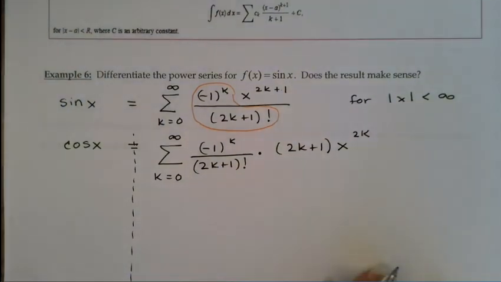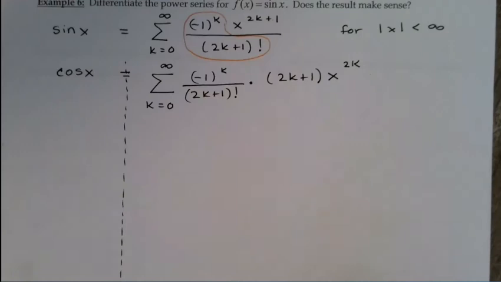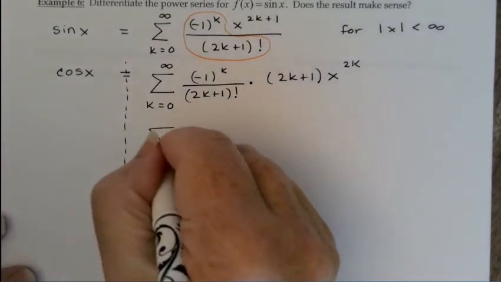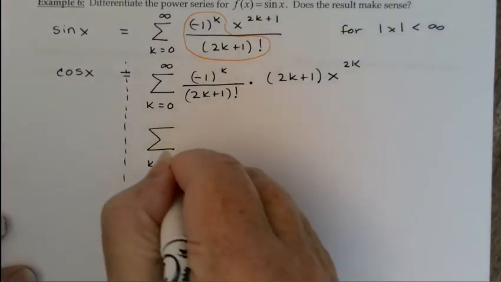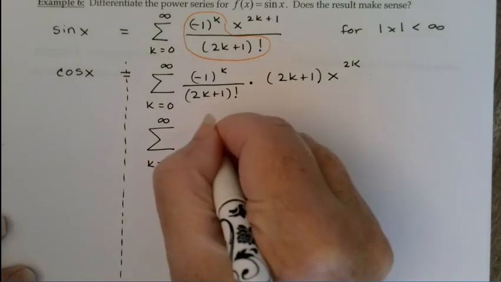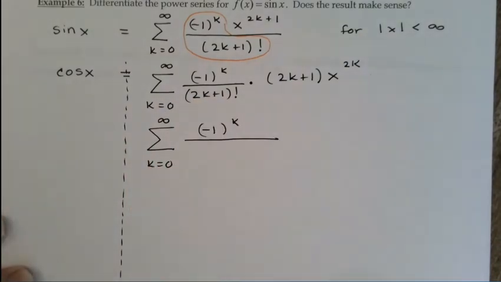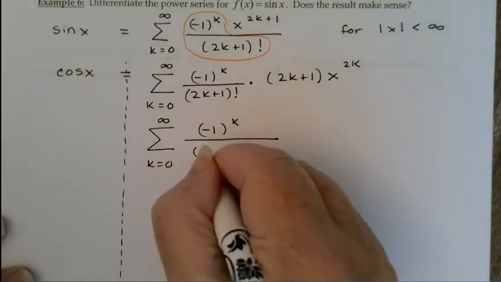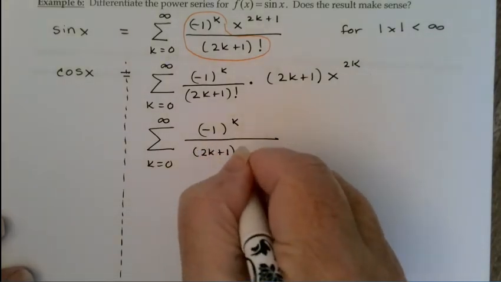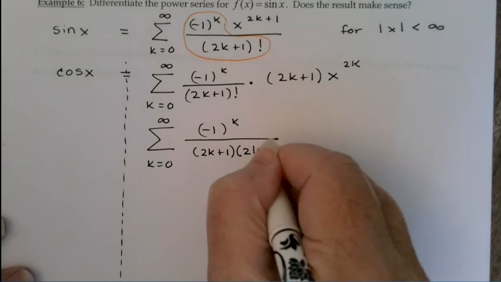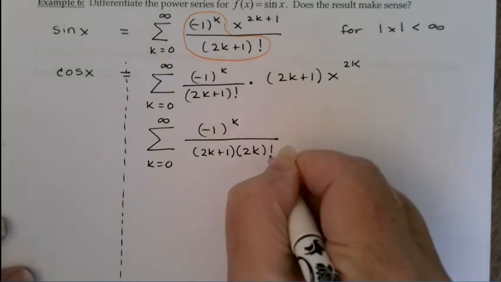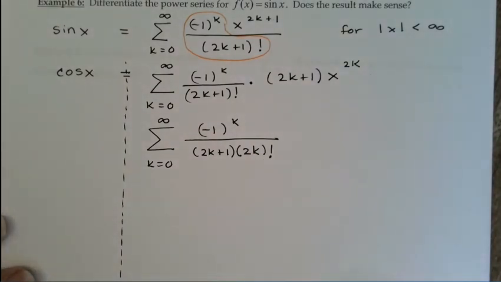Let's simplify that a little bit. We know that 2k plus 1 factorial would be 2k plus 1 times 2k on down, or in other words, 2k plus 1 times 2k factorial.